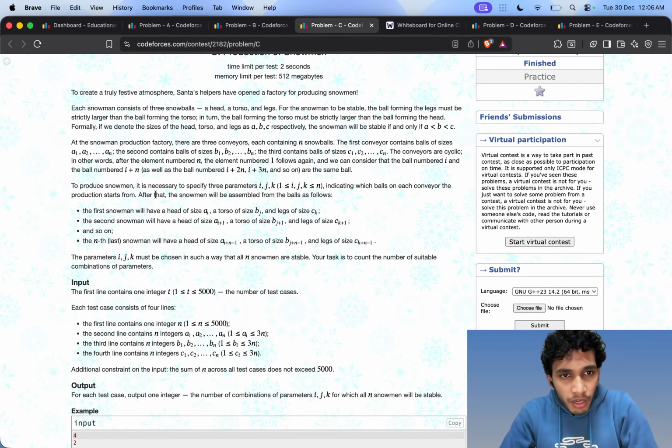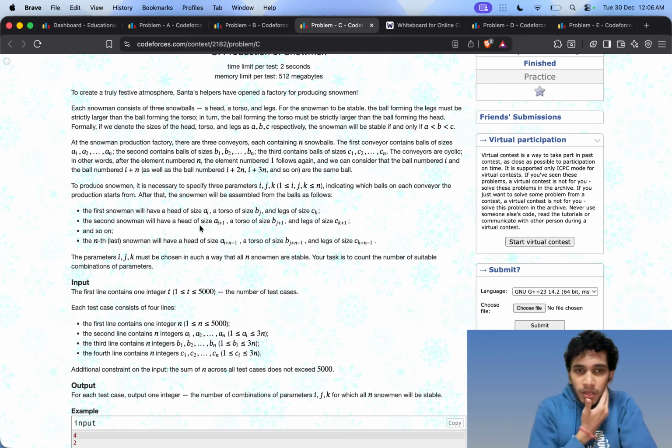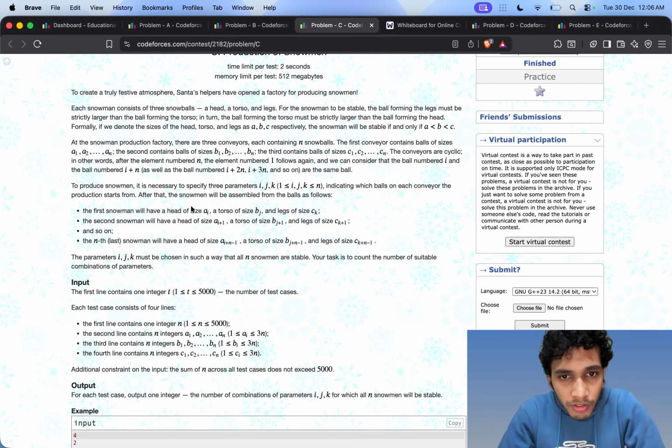To produce snowmen, it is necessary to specify three parameters i, j, k, indicating which balls on each conveyor the production starts from. After that, the snowmen will be assembled from the balls as shown. The first snowman will have a head of size A_i, torso of size B_j, and legs of size C_k. The second will have A_(i+1), B_(j+1), C_(k+1).